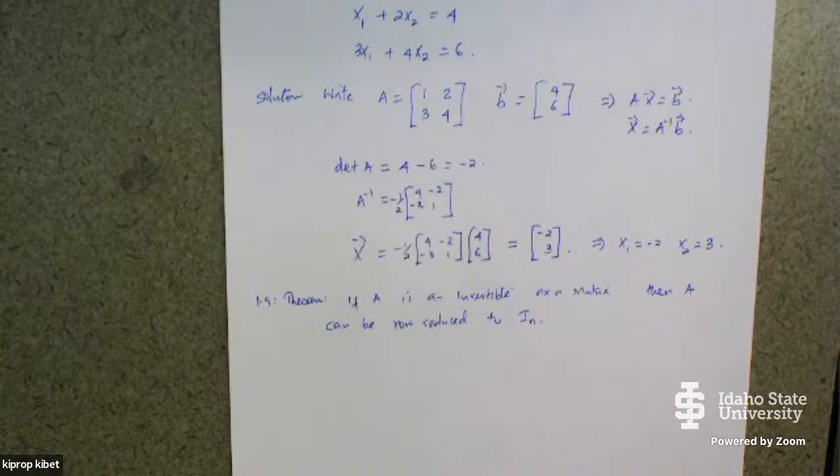So basically you can put it in augmented matrix form, right? And then you row reduce, so long as A is invertible. Once you row reduce this, you get the identity matrix. If it is not invertible, then you will not get the identity matrix.